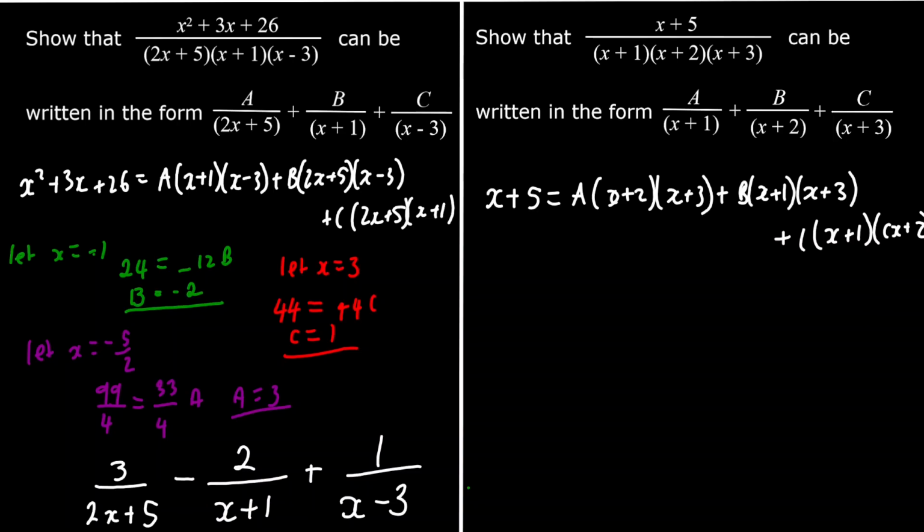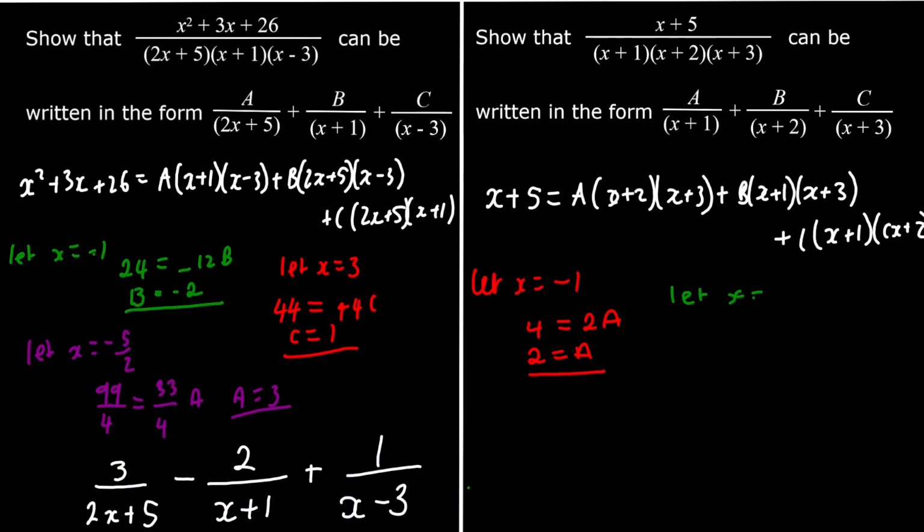Then let x equal negative 1. So we'll get 4 equals, so negative 1 plus 2 is 1. Negative 1 plus 3 is 2. So 2a, a is 2.